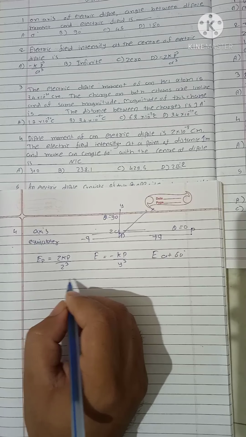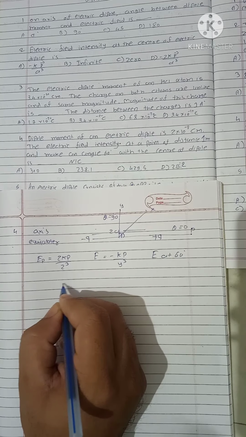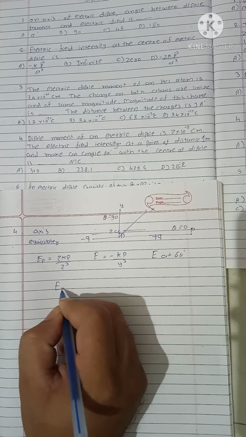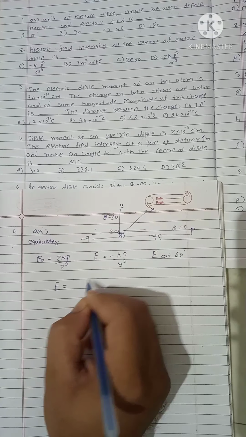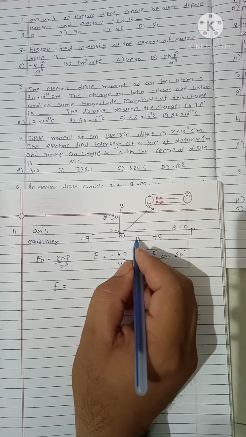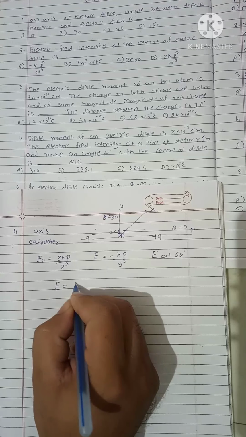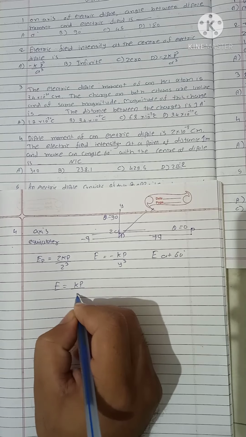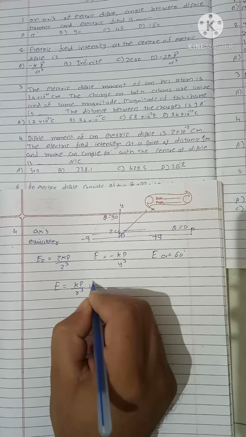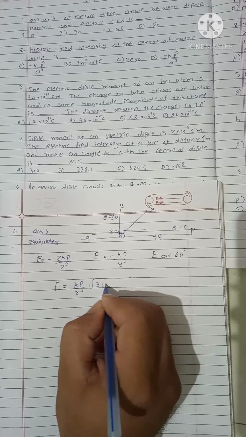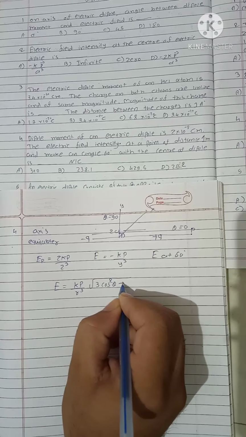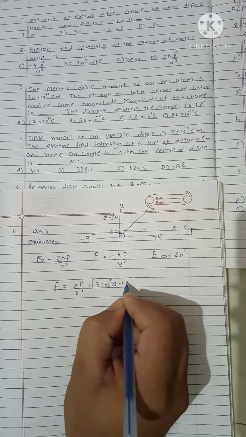We will study a new formula which gives us the electric field of a dipole at any angle, and that is kp upon r cube under root 3 cos square theta plus 1. You must remember this formula.